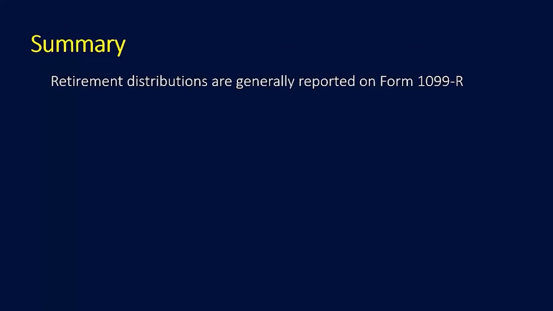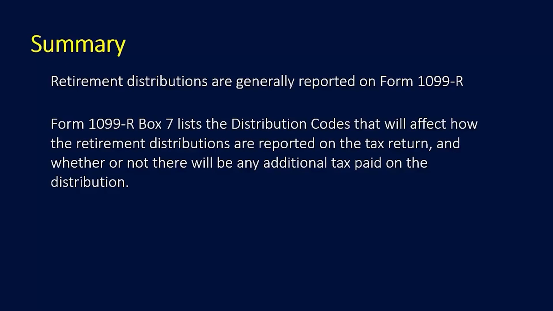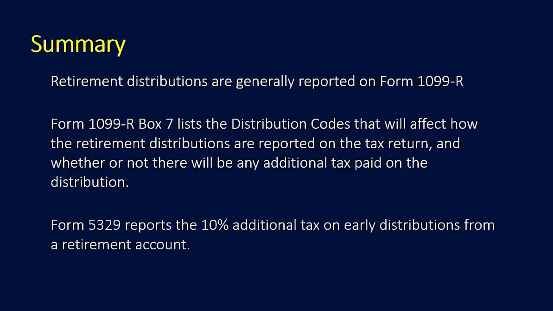Retirement distributions are generally reported on Form 1099-R. Form 1099-R, Box 7, lists the distribution codes that will affect how the retirement distributions are reported on the tax return and whether or not there will be any additional tax paid on the distribution. And Form 5329 reports the 10% additional tax on early distributions from a retirement account.